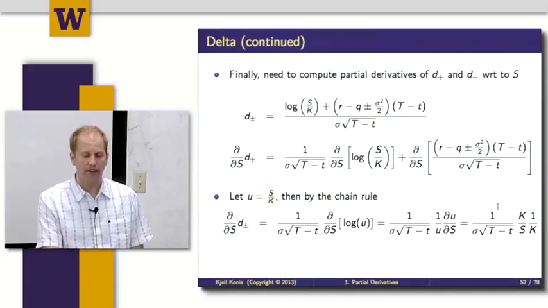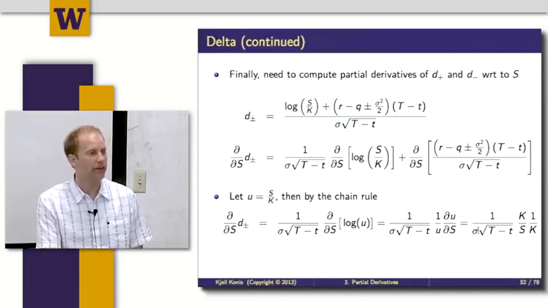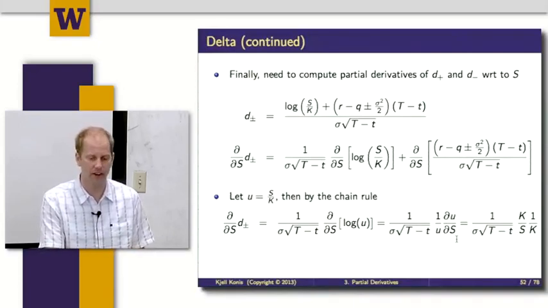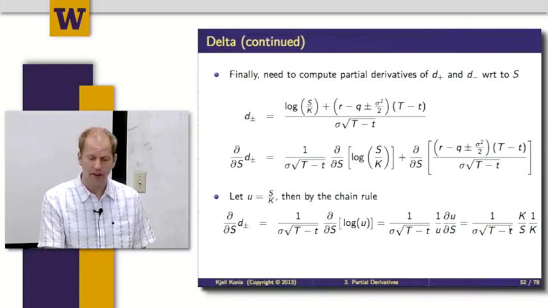So what I'm left with is 1 over sigma square root of T minus t, times k over s. So u was s over k. If I take 1 over that, I get k over s. And then times 1 over k, which is just this partial u partial s, which popped out because of the chain rule. So we'll see that the k's are going to cancel here.